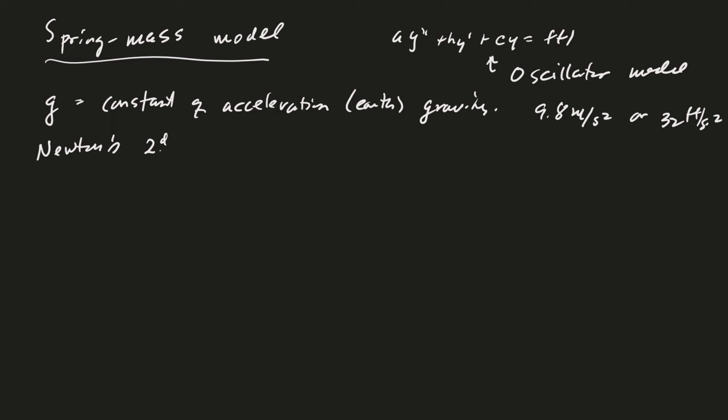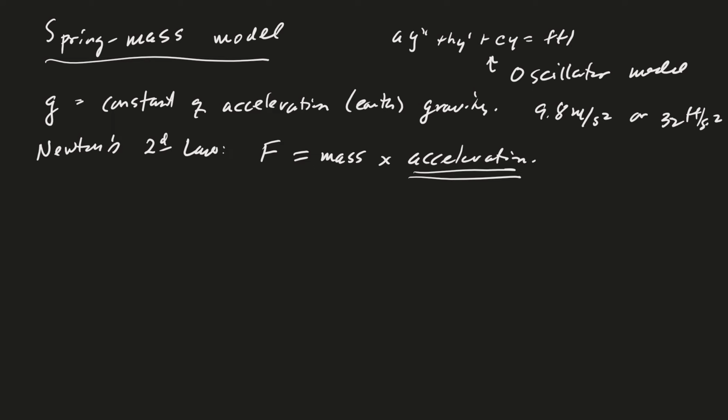Also, Newton's second law is the other thing we're going to need to remember. Newton's second law is that force is equal to mass times acceleration. Now for us, in terms of a differential equation, we use this when we were formulating the model of a falling body.